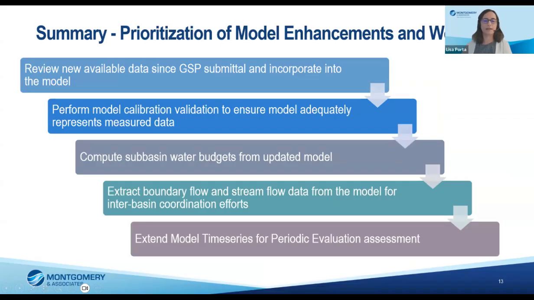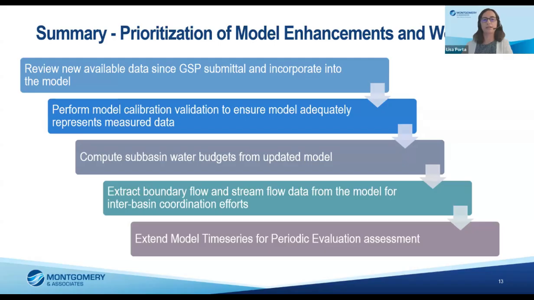So how did we decide on how to update this model? Models, as soon as you've published them, they're outdated. That's kind of what happens because it takes time to incorporate all the data and the information, and there's constant new information being developed. There's monitoring wells, DWR is doing some work, so there's constant information being developed that can be helpful to update these models.